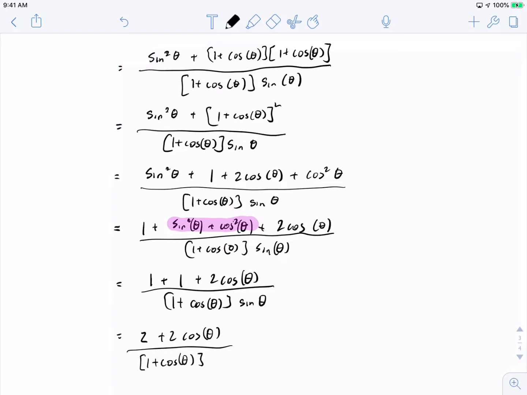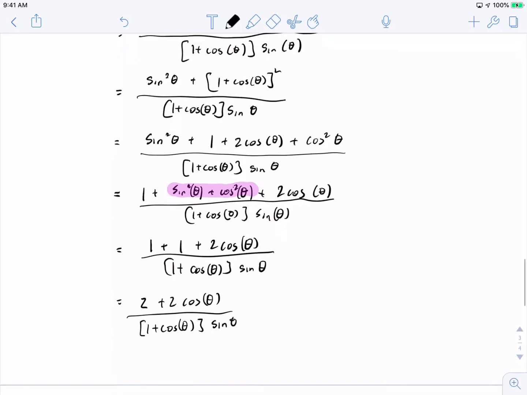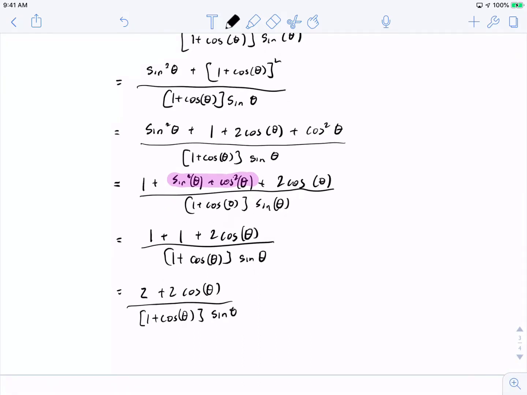I don't want to shortcut steps so you guys can see it all. I'm trying to be as helpful as I can. So then I'm going to get a 2 out, and I'm going to get 1 plus cosine theta over 1 plus cosine theta times sine theta.